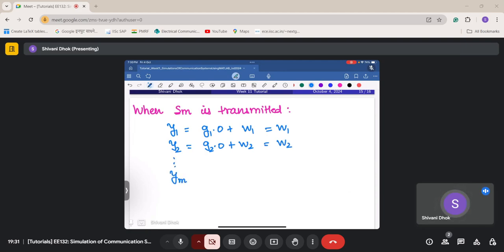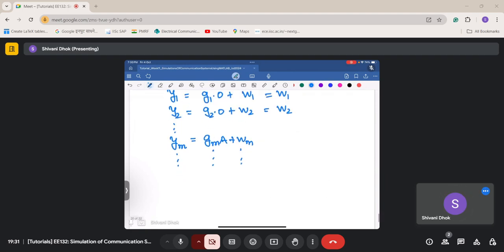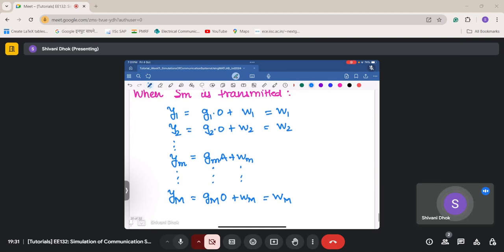Then I'll have this ym equal to gm into a plus wm. Same way, whatever we did for 2, now we are replicating the same thing for any general m.